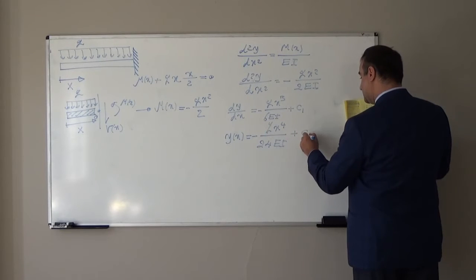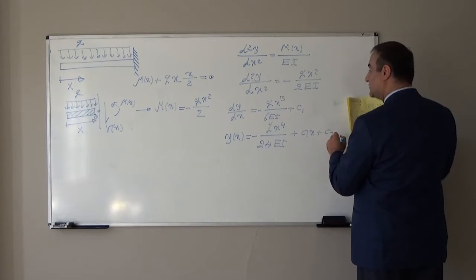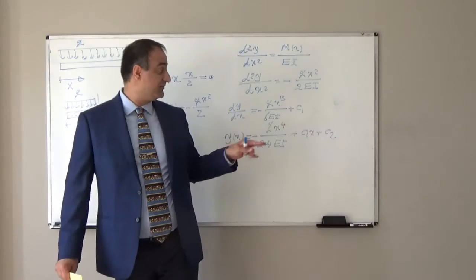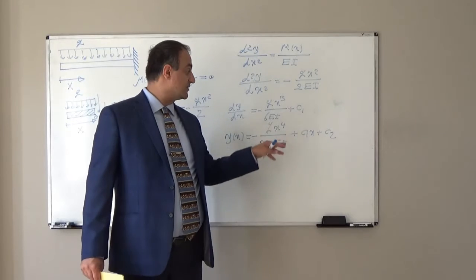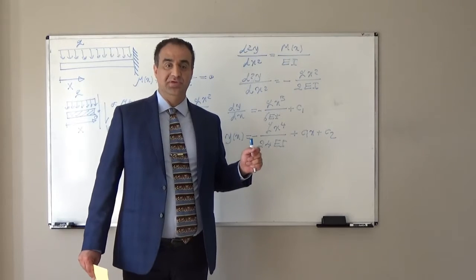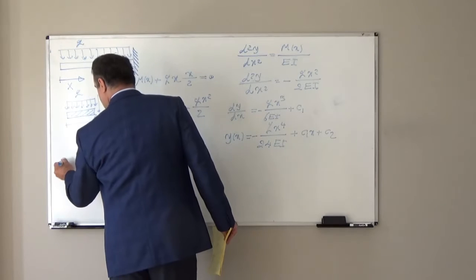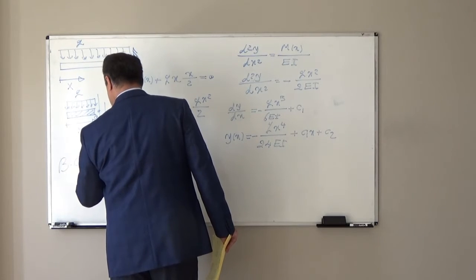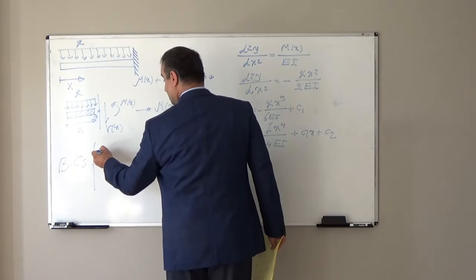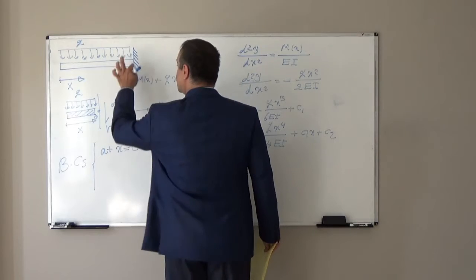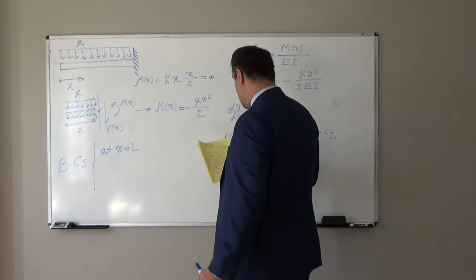plus C1x plus C2. Again, because we integrate two times, we will end up with two unknown constants, C1 and C2. We should find these using boundary conditions. Here, again, boundary conditions. It is clear that x equal to L means fixed support.